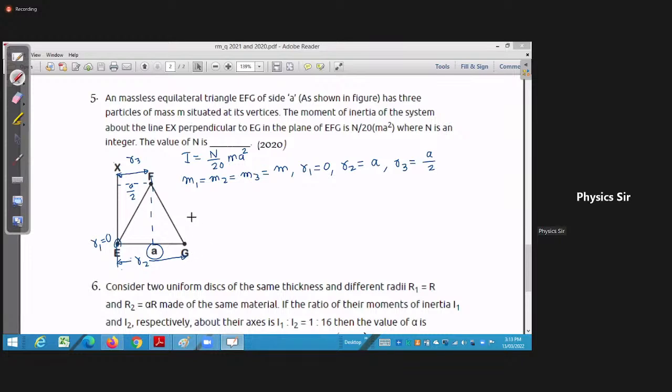So let's calculate the moment of inertia. The moment of inertia is m1 r1 square plus m2 r2 square plus m3 r3 square. This m1 r1 square is 0, m2 r2 square is a square, plus m3 is m.